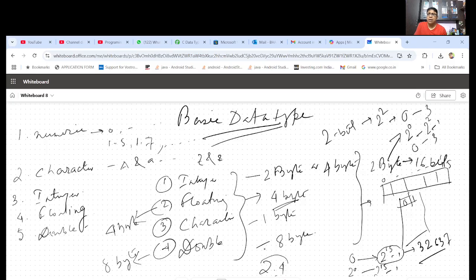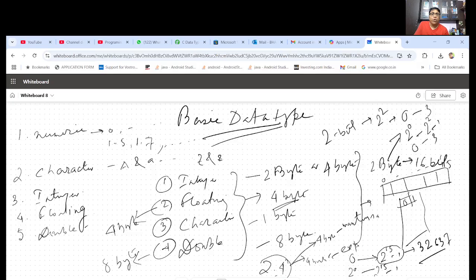This is a floating point number, and it takes 4 bytes. But if you transform it into two 4-byte storages, one will store the mantissa and another the exponent.